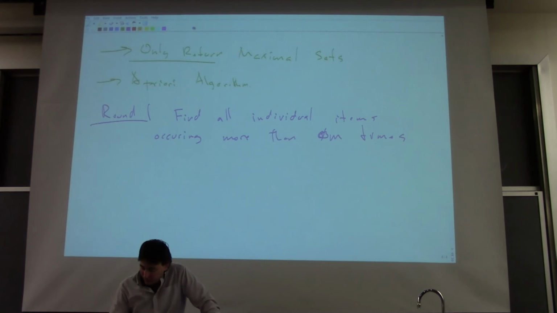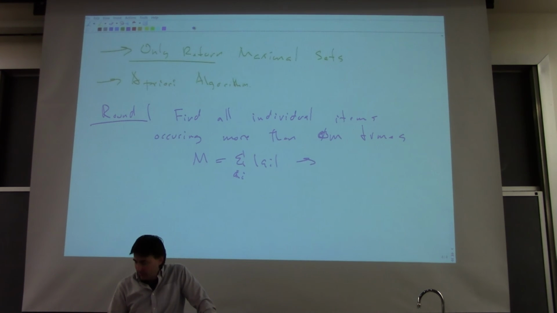So if I set uppercase M equal to the sum over i of the size of A_i, right? So these were the size of each basket.